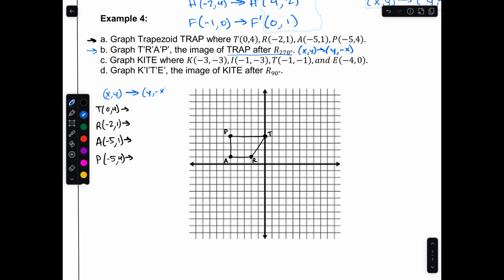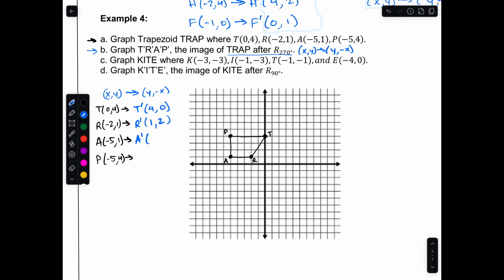(y, negative x). To find T prime, we're going to swap places with x and y and make the new y coordinate negative. So that'll be 4, negative 0, which is still 0. R prime, again, we're going to take the coordinates of R and swap x's and y's. So that would be 1, negative 2, but actually it's the opposite. So that'll be positive 2. Negative 2 is positive 2, right?